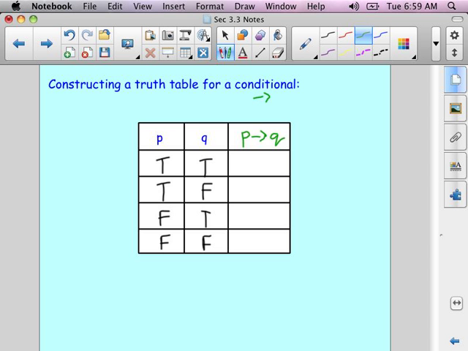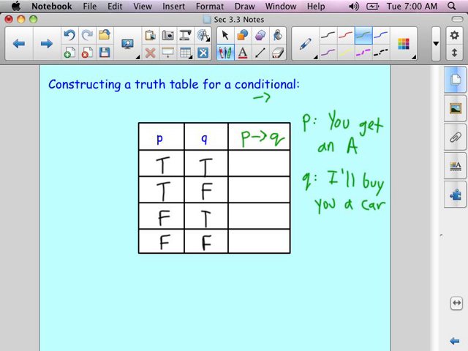Let's say my first statement, P, is you get an A in the class, and Q is I'll buy you a car. So my statement for P then Q would be, if you get an A, then I'll buy you a car, which sounds like a pretty good deal.